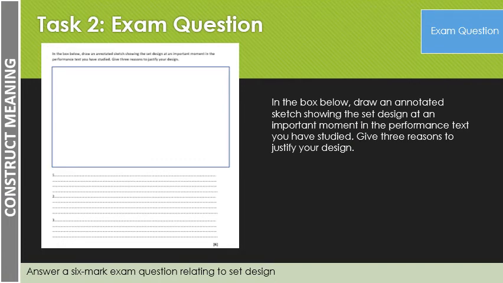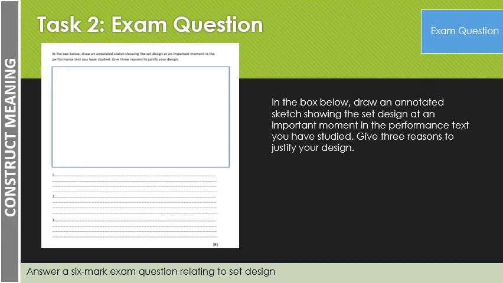The exam question. So you now need to open up the second document, which is lesson 5 exam question. And this is about how to answer the 6-mark exam question relating to the set design. Again, I would like to see you breaking down that question using LIP, location, instruction, performance, so I can really understand that you know what you're talking about. This is the question.